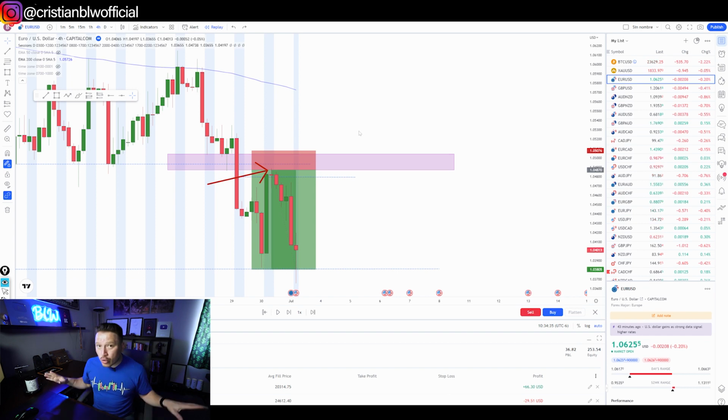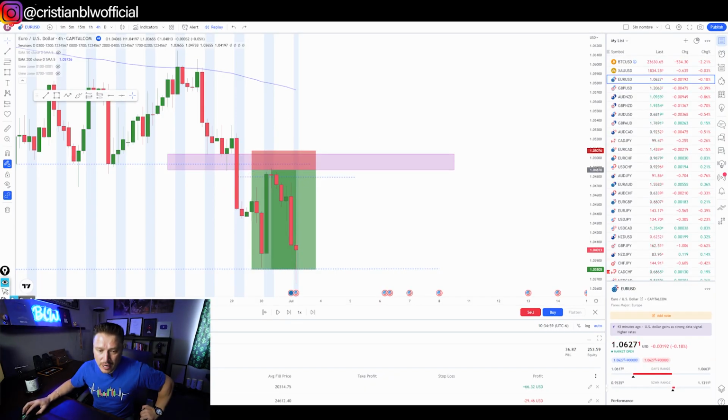And the more short orders that we have, the more the price is gonna push down. It's just like Bitcoin. The more people buy Bitcoin, the more the price pushes up. So this is exactly the same thing. You need to think about where institutions and retail traders would place their orders according to what we know. And this is a perfect example of it, okay?